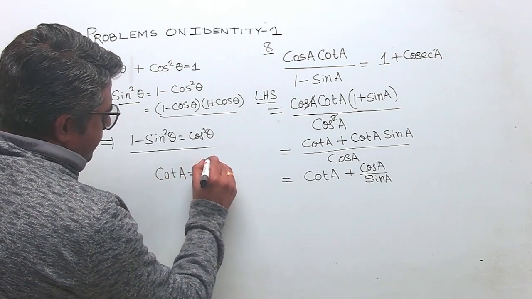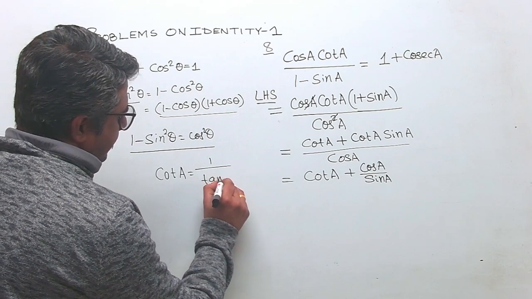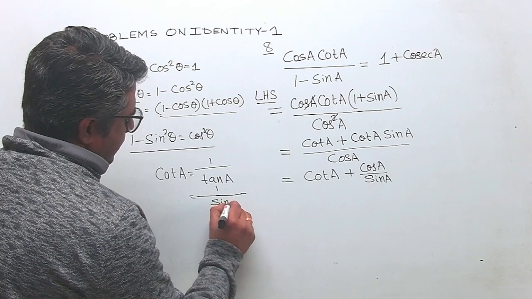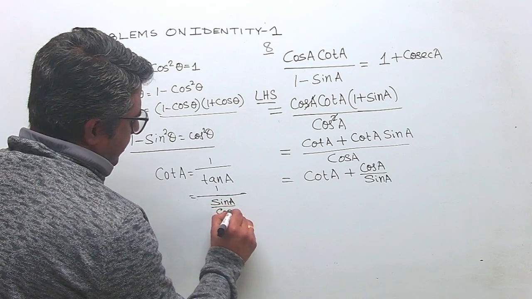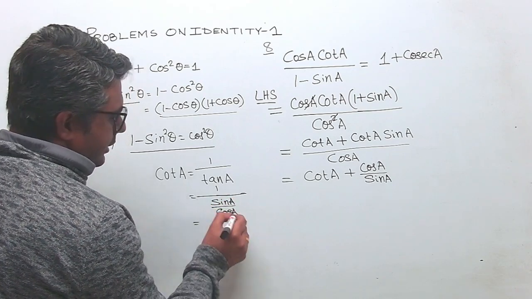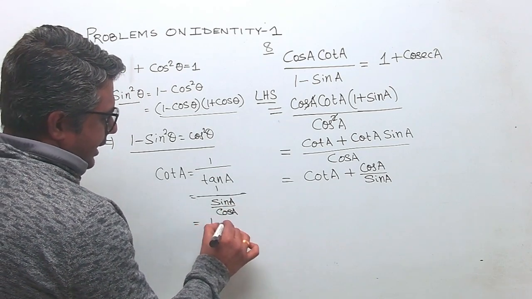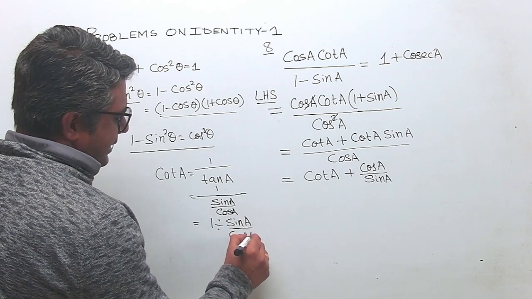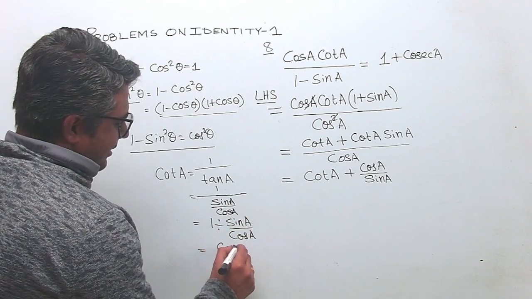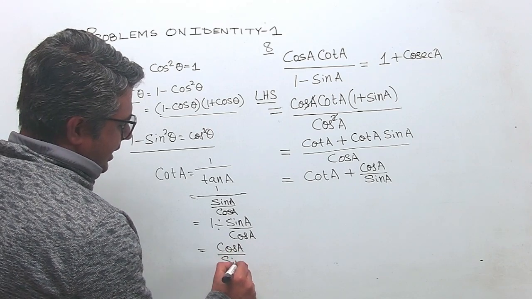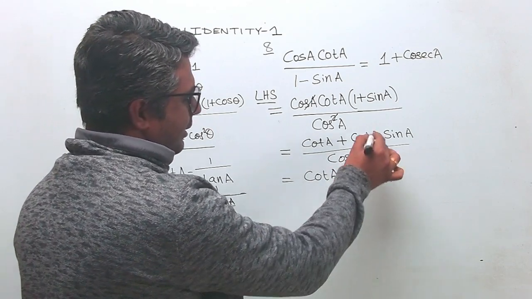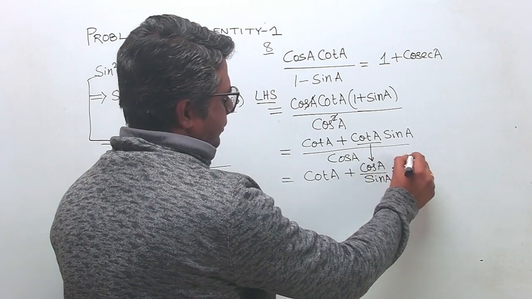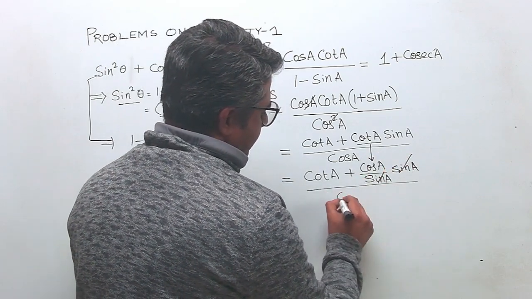Cot A is 1 by tan A and tan A is sin A by cos A. So, this can be written like this, cos A by sin A. I am basically teaching you from basics. So, that is why I have written this cos A by sin A, this cot A part, into sin A. Sin A cancels out, cos A.